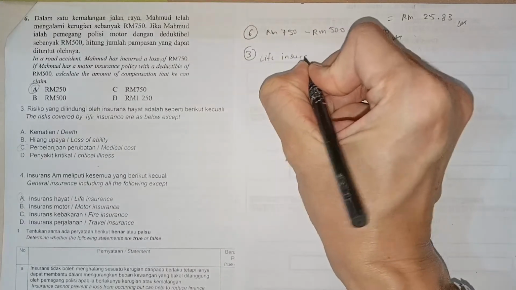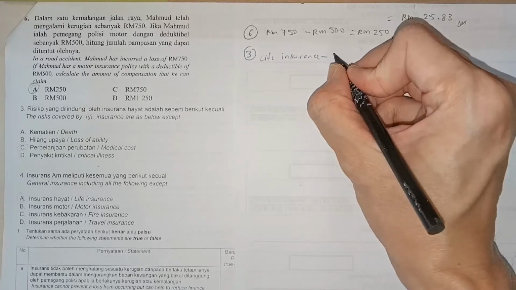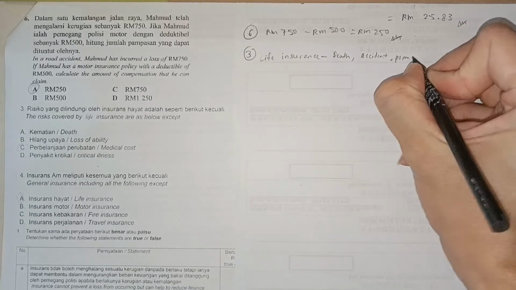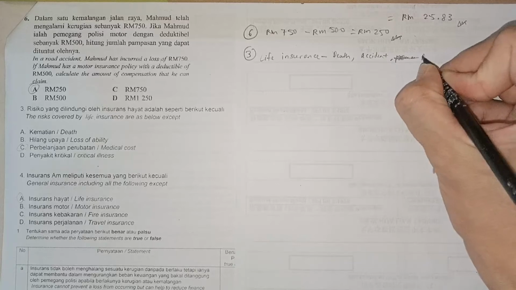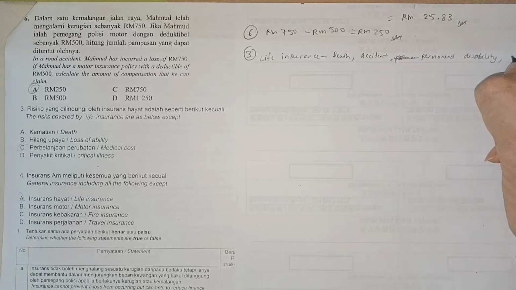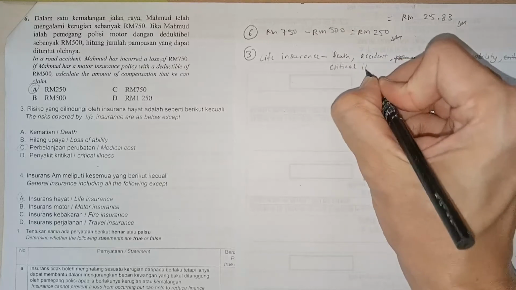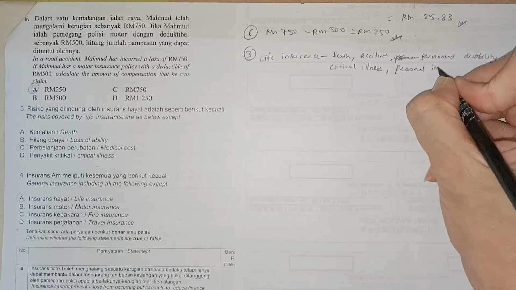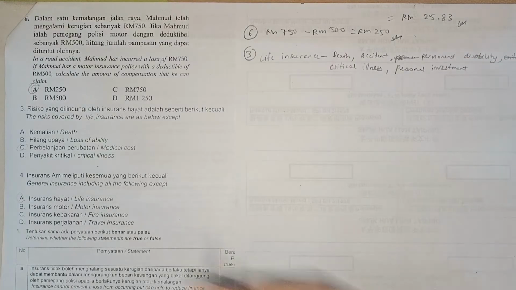So life insurance consists of death, accident, this one you have to memorize, permanent disability, critical illness, and then the last one will be personal investment. So except medical costs, because medical cost is by general insurance.